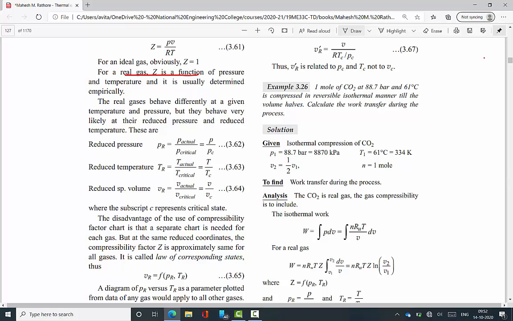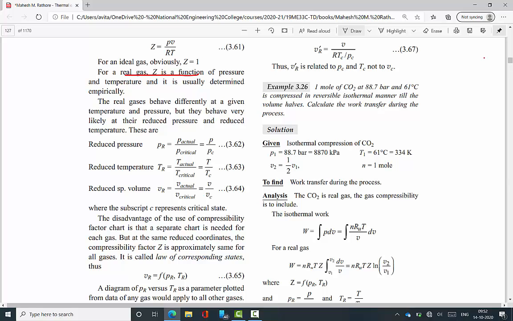But with the help of reduced coordinates, the compressibility factor is approximately the same for all gases. This is called the law of corresponding states.